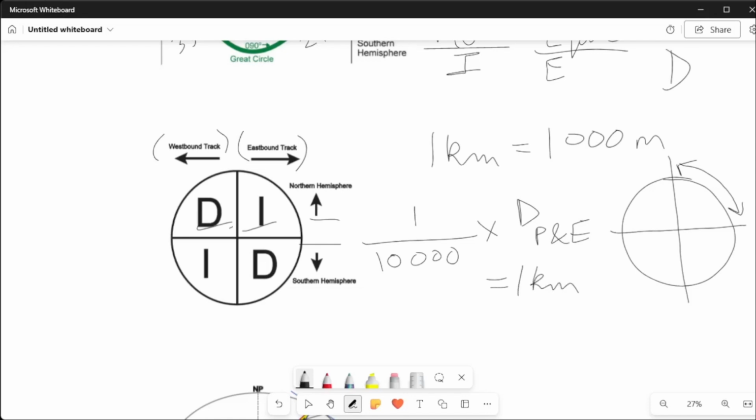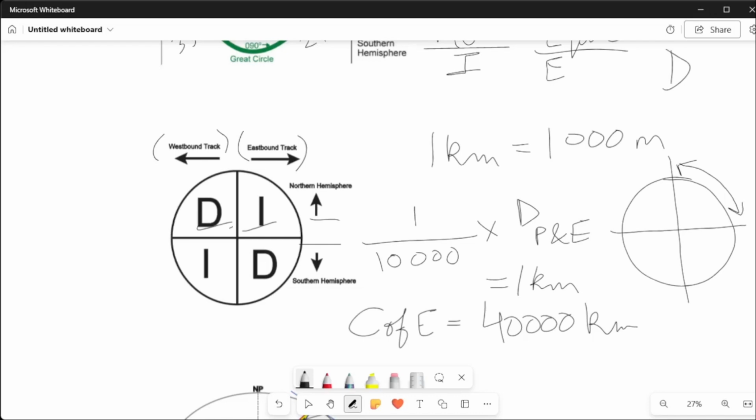From this we can deduce, since the circumference will be 4 times this distance, hence the circumference of Earth will be 40,000 kilometers. Other units of measurement given are 1 kilometer is 3280 feet, or 1 meter is 3.28 feet.